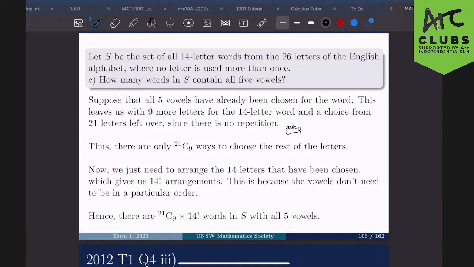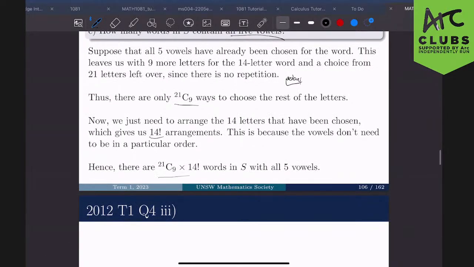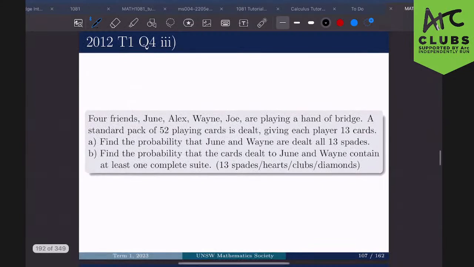Then, similar to before, we choose 9 of the 21 remaining letters. Beforehand we had to preserve the order of Julia, so we treated it as one object. But now the requirement is only that we contain the 5 vowels, so it doesn't actually matter. We can treat each vowel individually, so it's just a normal question, and it's 14 factorial for the 14 letters. And then remember to just multiply again. Right, so moving on to the next question.